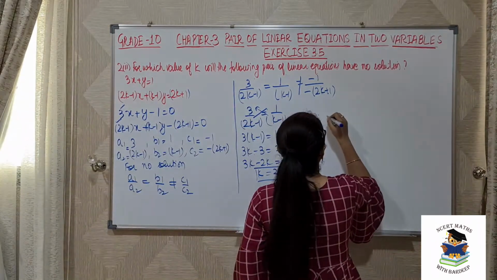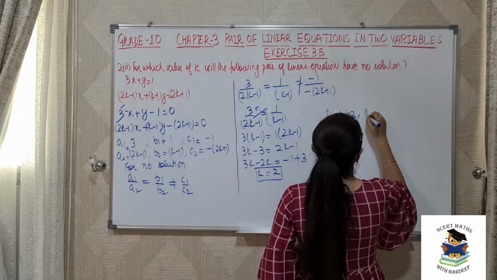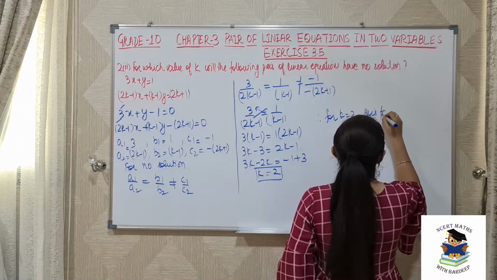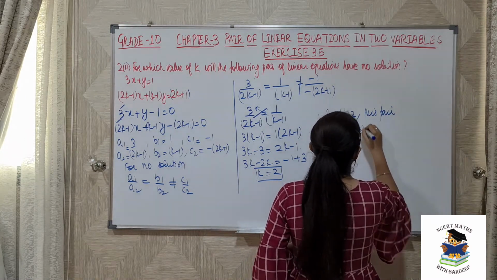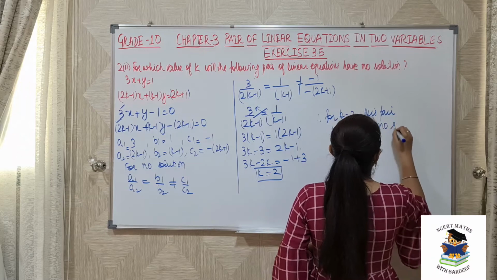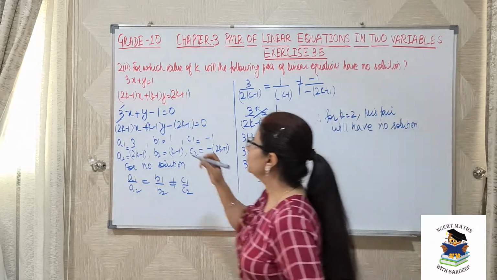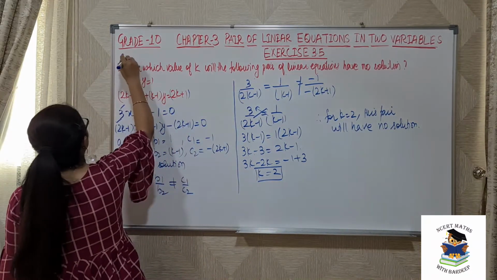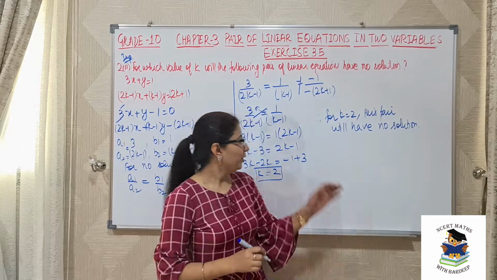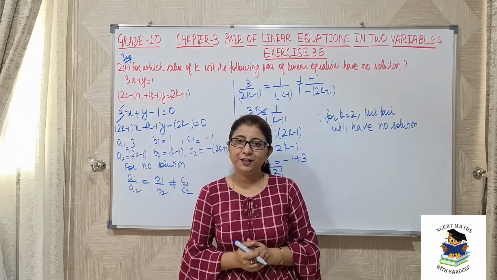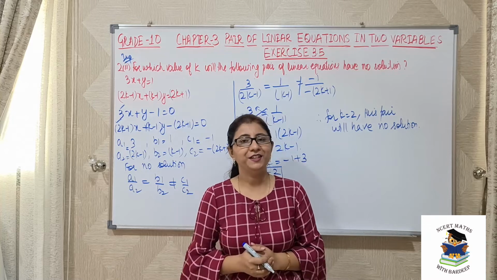So we will write therefore for k equals 2, this pair will have no solution. So again this is also an important type. So both parts of the second question are important. I hope now this type of question is clear to you, that is how to find the values of a variable satisfying certain conditions.